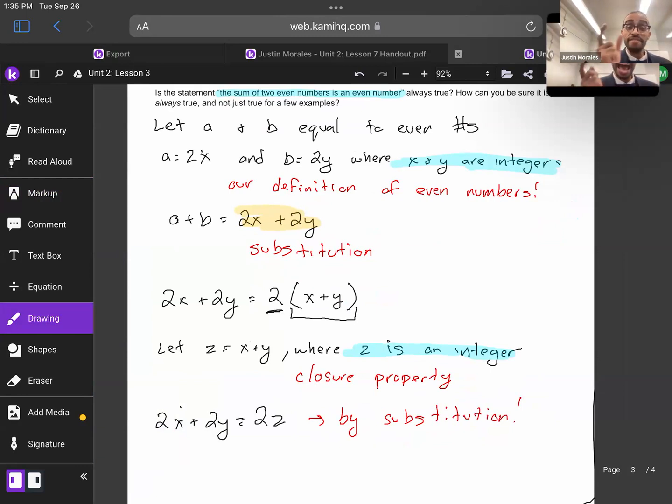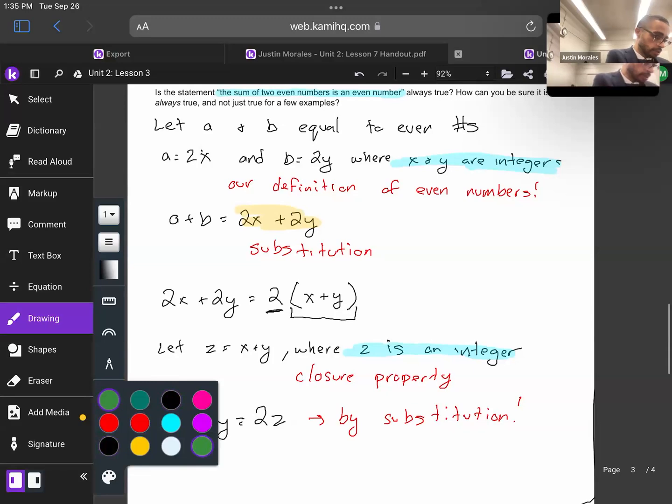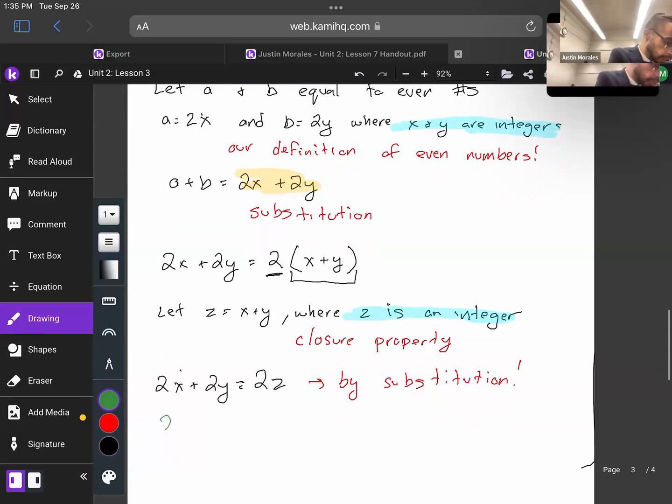So now that we have that 2Z, we have the definition of an even number once again. So we can say 2Z is an even number by definition of what an even number is.